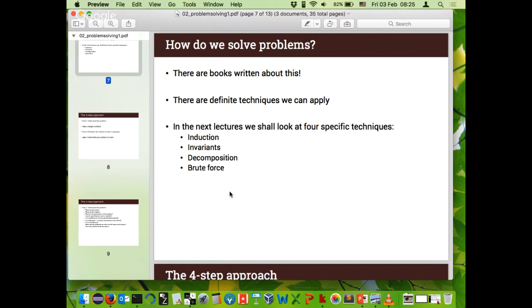And the next step of the 4-step approach was thinking of a solution. There were many suggestions, but one of them is that you use a technique. If you know different techniques, they apply to many different problems, and they'll help you solve them. So we're going to look at these 4, and today we'll start by looking at induction.